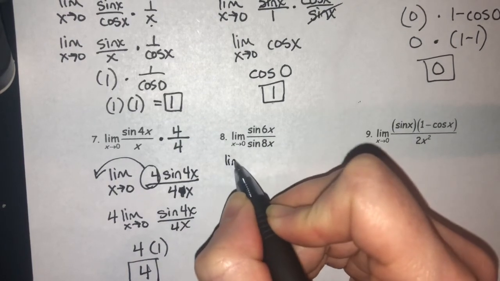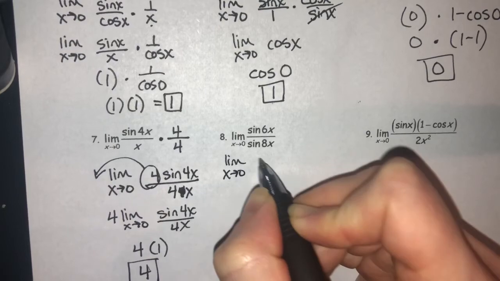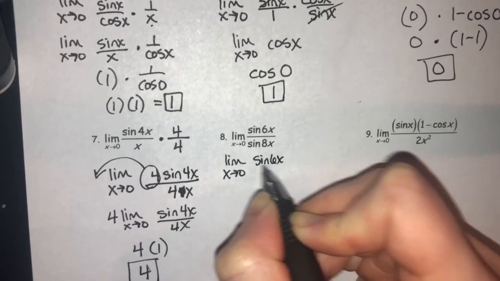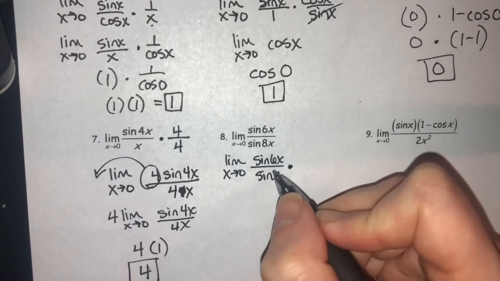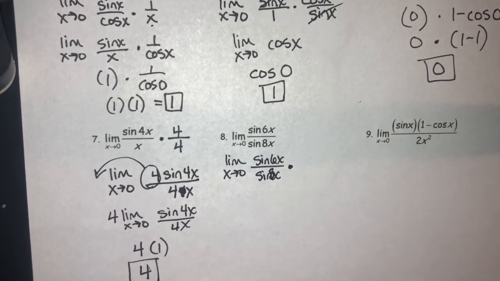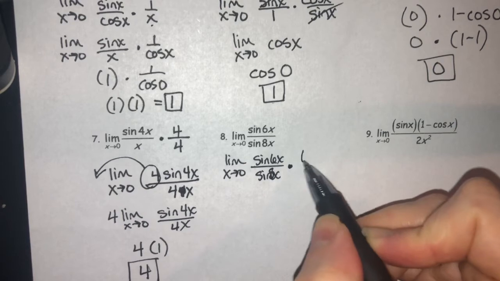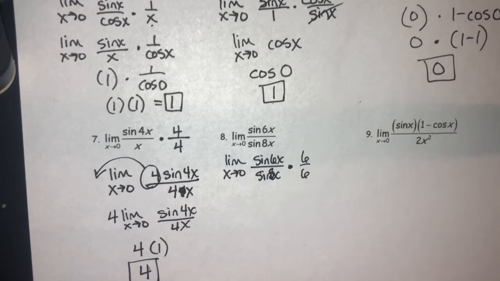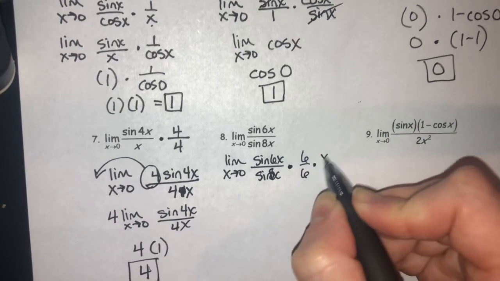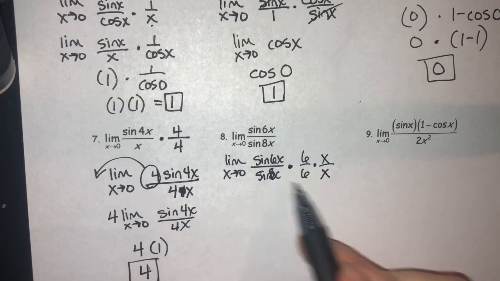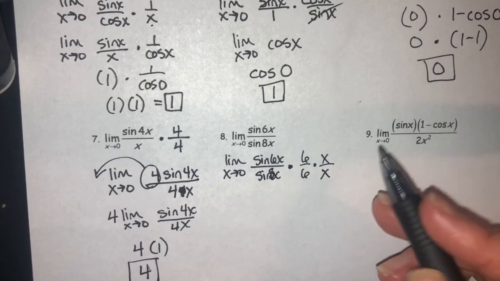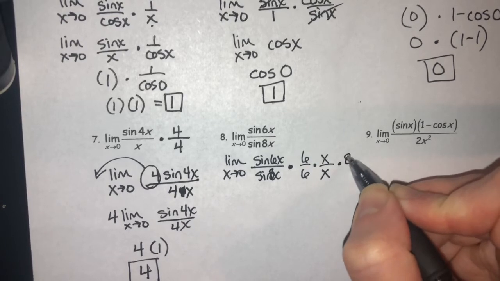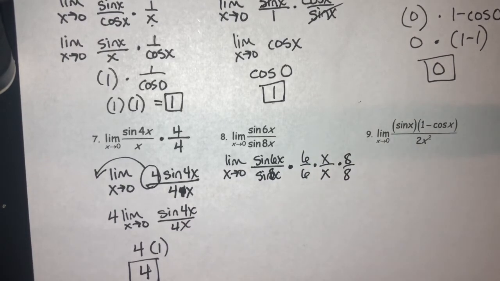So what if I look at the limit as x approaches 0 of the sine of 6x over the sine of 8x, but I'm going to multiply this thing, oops, I forgot my 8, times 6 over 6, so that'll get me my 6 on the bottom, and x over x, so that'll get me my x on the bottom also. But look, it also gave me the x that I needed on the top. So I'm going to multiply by 8 over 8 and have that 8 on the top.